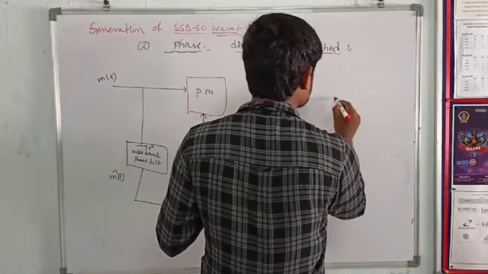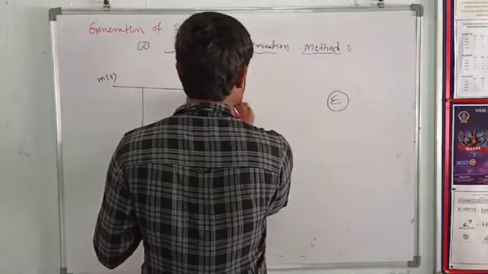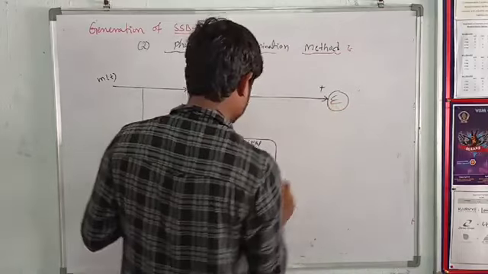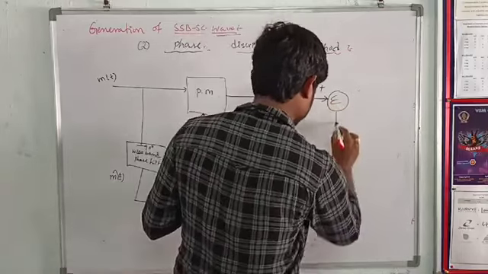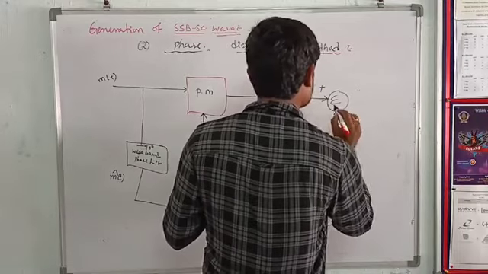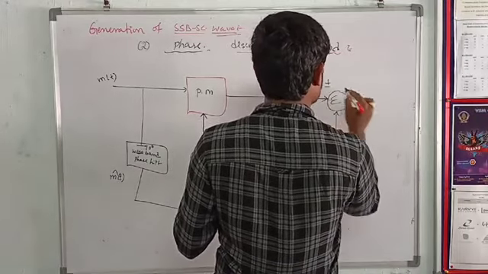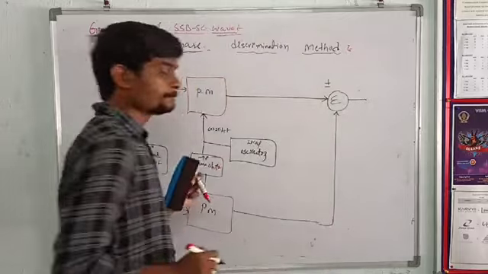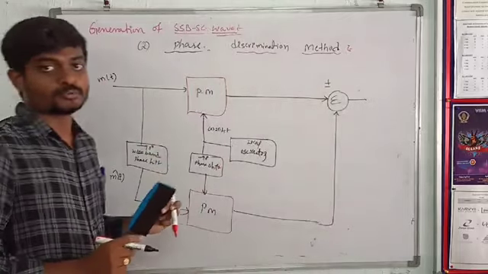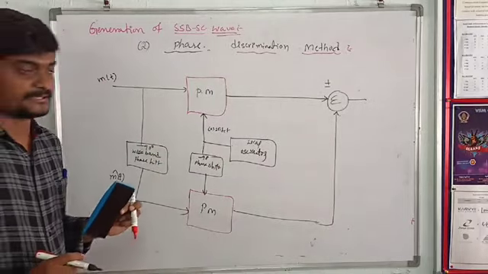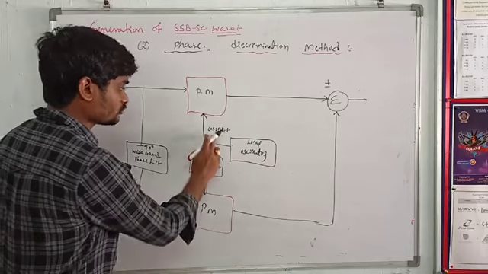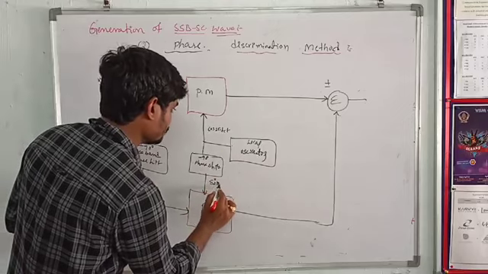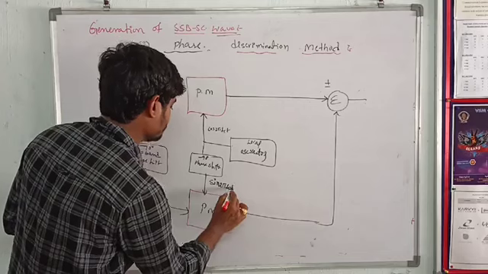Then we can use a summer, plus or minus. We can get the output upper sideband or lower sideband. This is cos 2 pi fc t. This is sin 2 pi fc t.